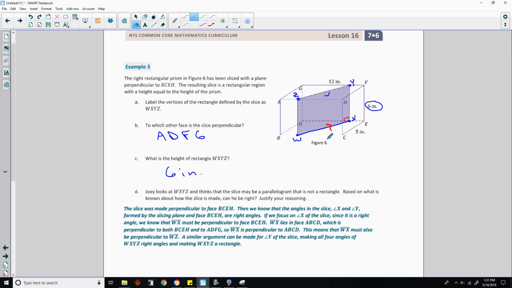So WX is perpendicular to ABCD. This means that WX must also be perpendicular to WZ, which means it's perpendicular to this side over here. So this is a right angle right here. A similar argument can be made for angle Y of the slice, making all four angles of WXYZ right angles and making WXYZ a rectangle. Okay. Hopefully you understood that.